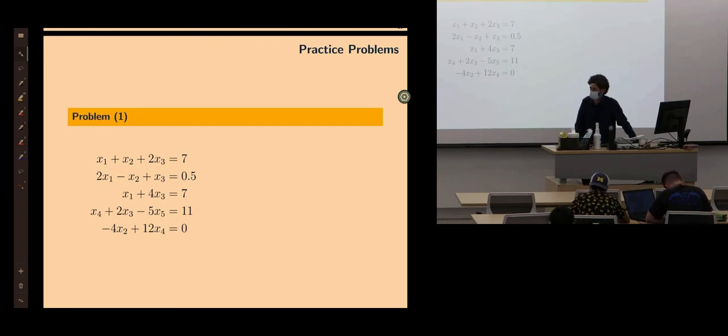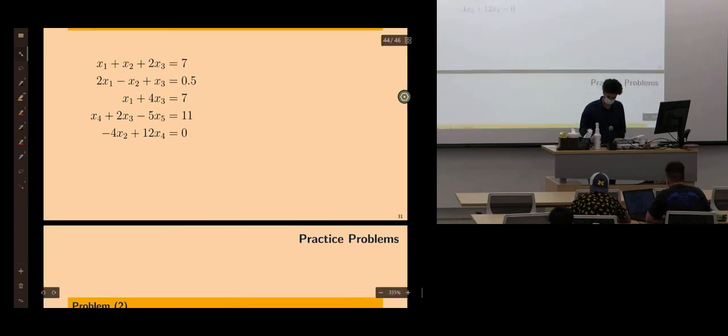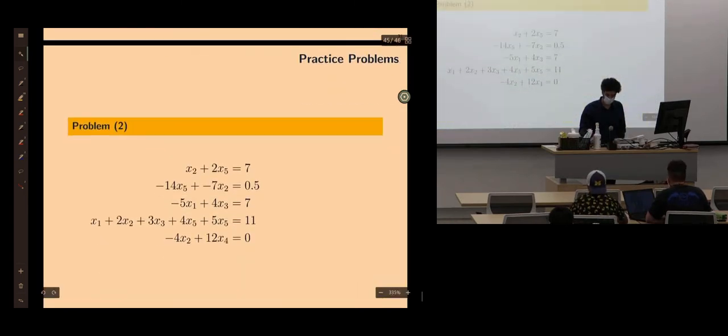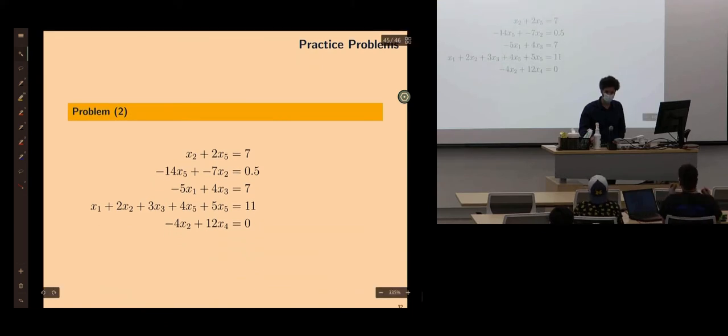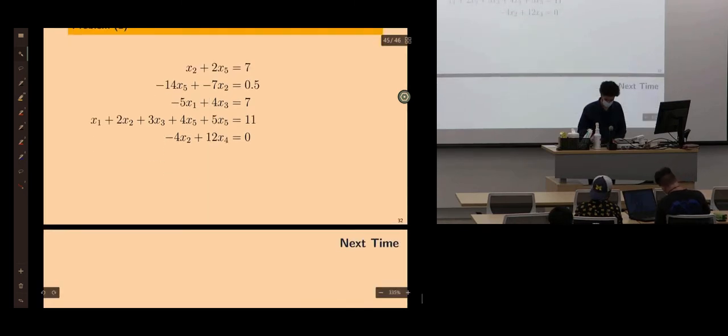With what you learned today, you can go ahead and form the matrix form, calculate the determinant in Julia. If it's not 0, then we know that there's a unique solution. Another problem, you have the slides. I can go back later for you to write it.